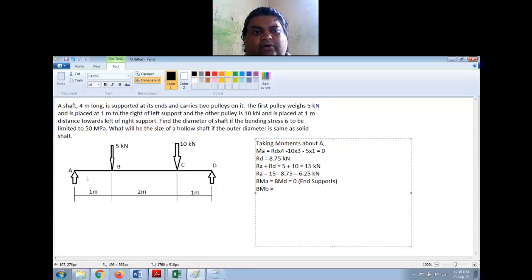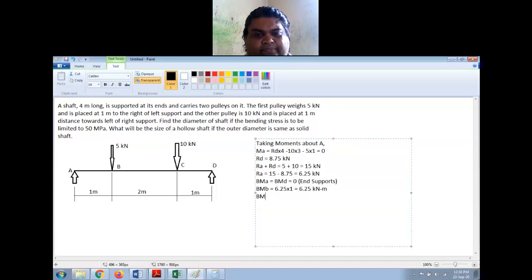On the left side I have only one force. So I'll take left side. So it is RA, I'll write the value directly. RA is 6.25 into perpendicular distance is 1. This is 6.25 kilonewton meter.